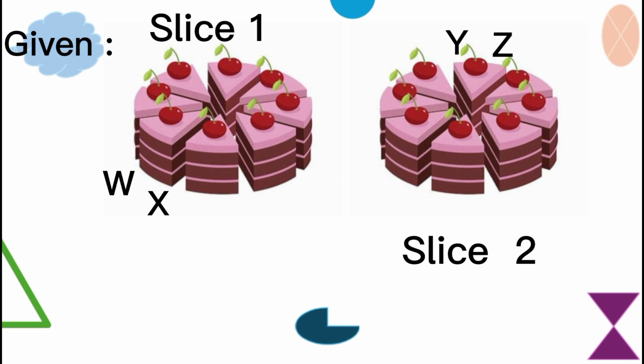As you can see, our angle 1, our first slice, is composed of arc WX, and our second slice is composed of arc YZ.